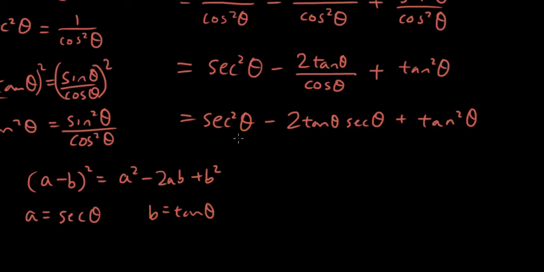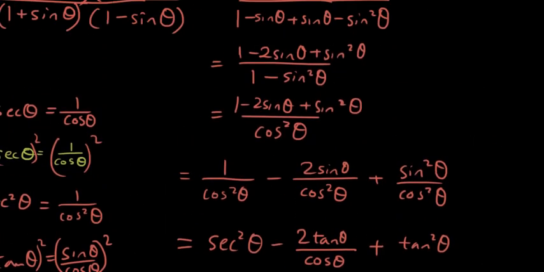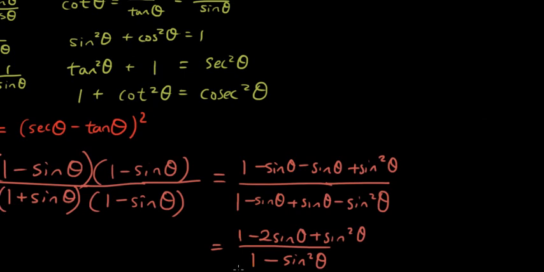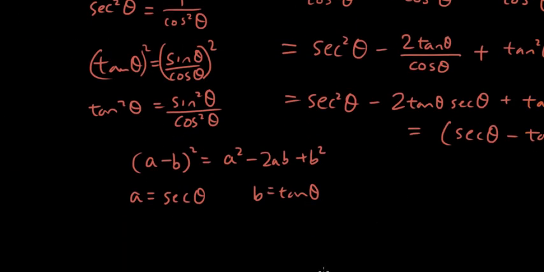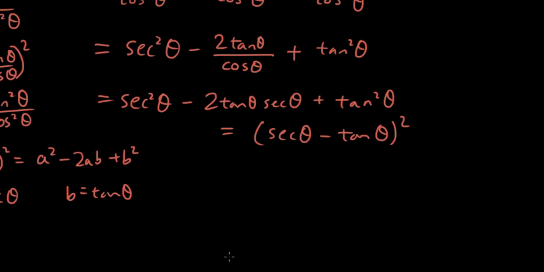So therefore I'm going to factorize this back into a minus b squared, so it's sec theta minus tan theta squared, and that is what we tried to prove in the beginning, sec theta minus tan theta squared. So that's what I have.